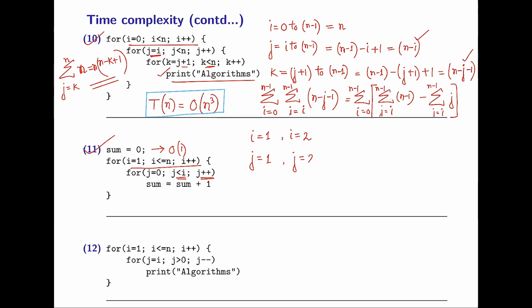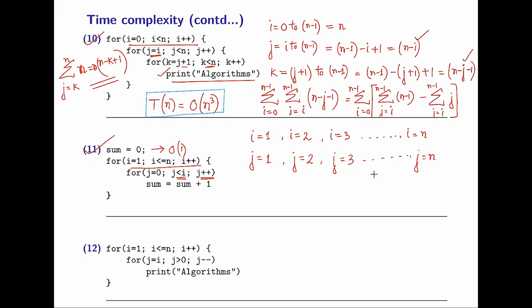Means what? j will execute 2 times. When i will be equal to 3, similarly, j will be executed 3 times. So like that it will go. So when i will be equal to n, j is also going to execute n times.